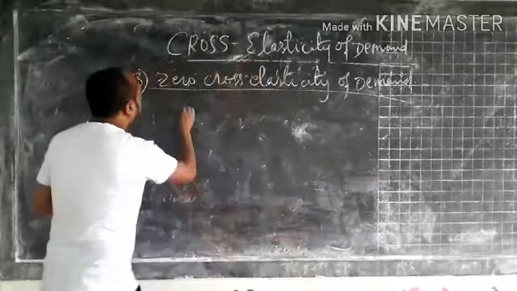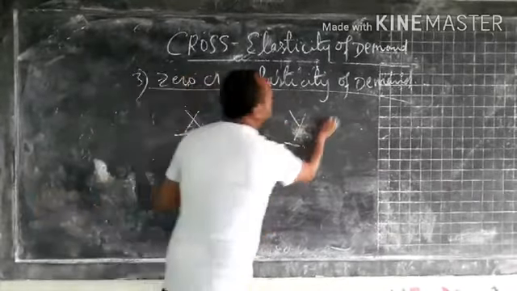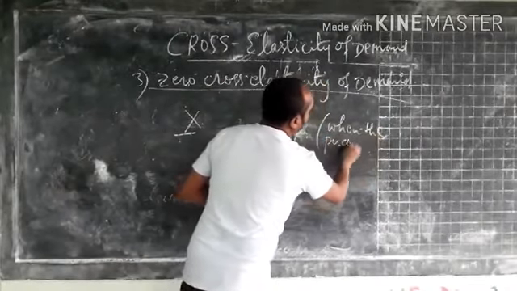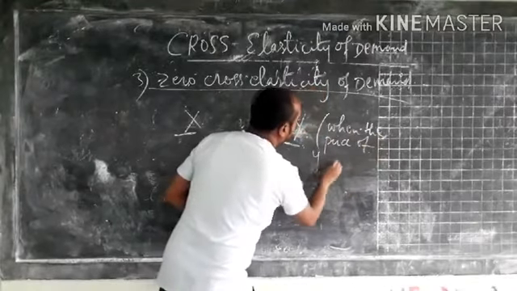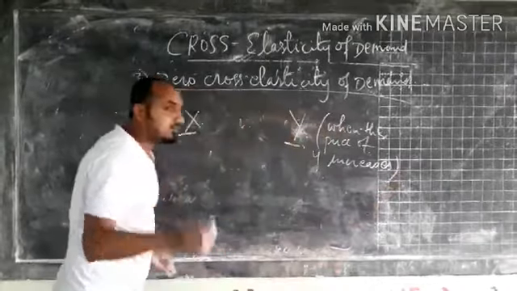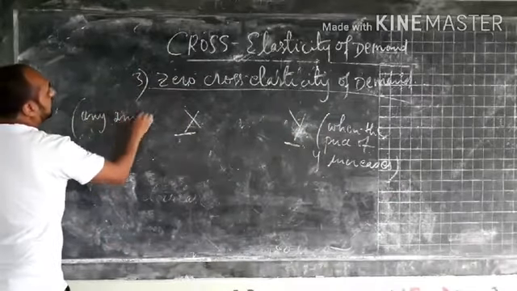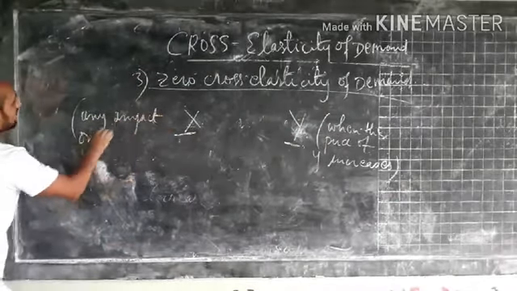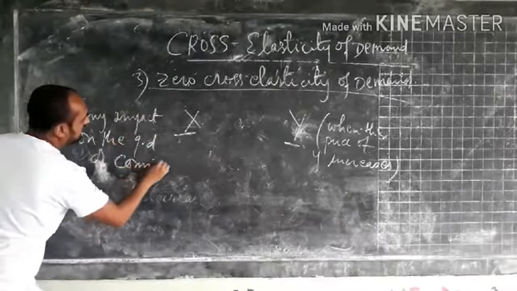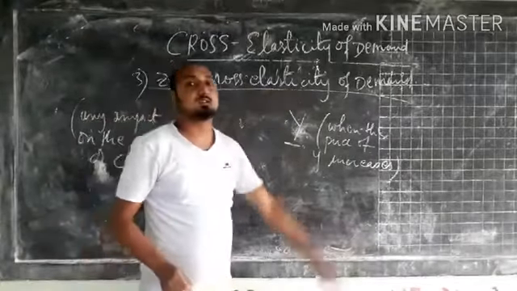Suppose there are two goods, X and Y. When the price of Y increases, and if it does not have any impact on the quantity demanded of commodity X, then that concept is called zero cross elasticity of demand.